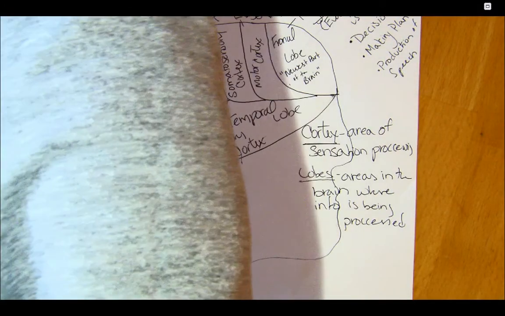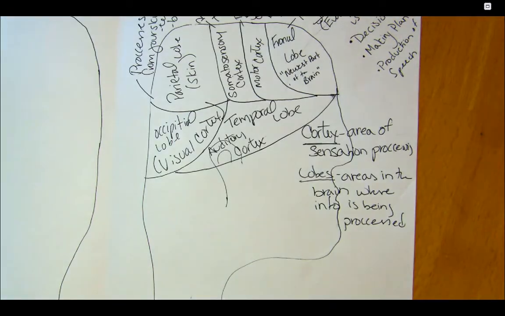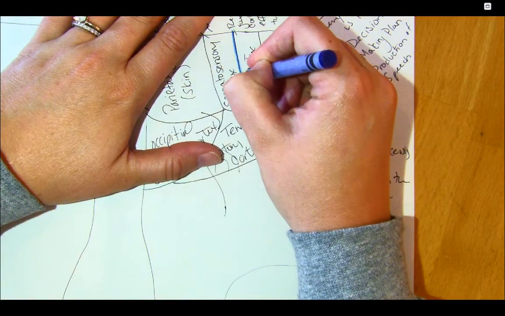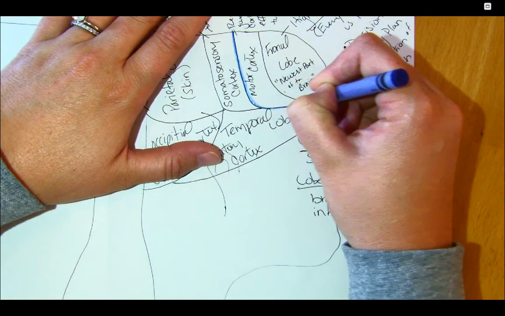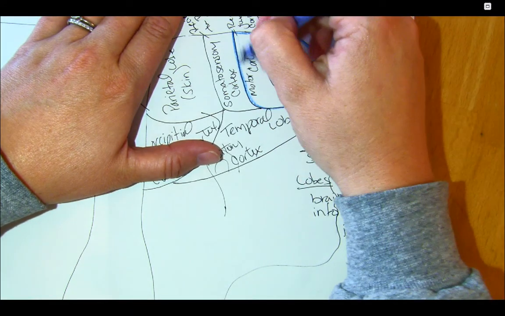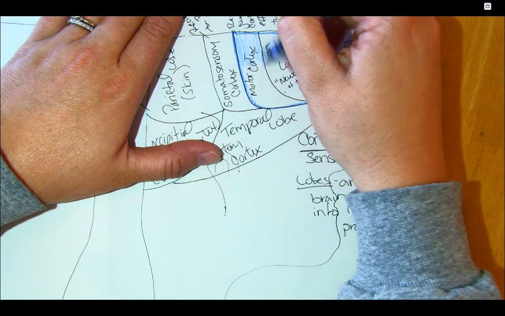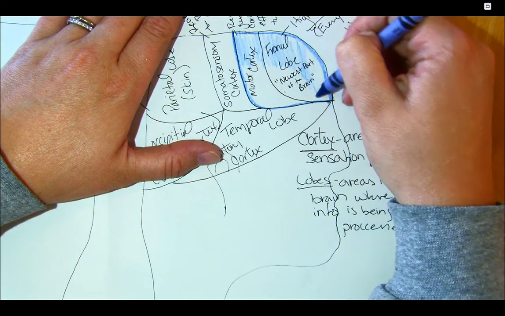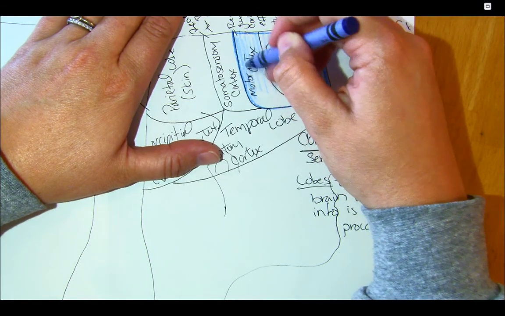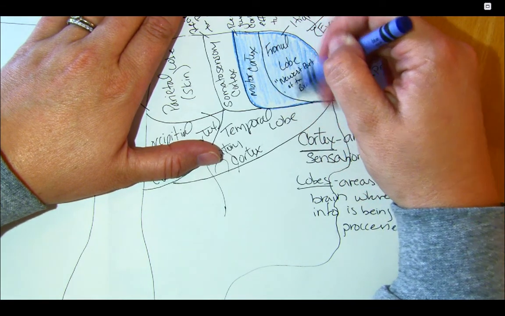All of your information that makes you human is going to be happening in your frontal lobe. Now keep in mind, your motor cortex is part of your frontal lobe, so I'm going to color my frontal lobe blue. Your motor cortex happens to be a part of your frontal lobe, so we're going to color that in. Now remember, I'm still on my right side. I'm going to do my left here in a couple minutes, and we're going to use these same colors. So don't put them back in the box. We're going to be using these colors again.